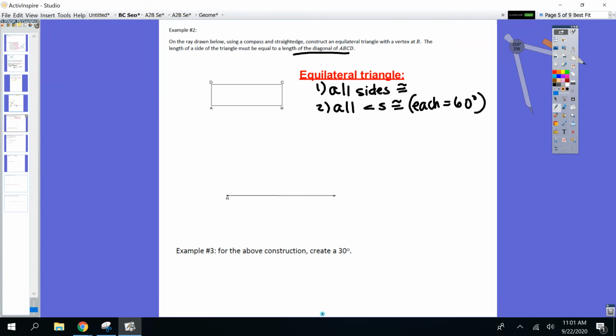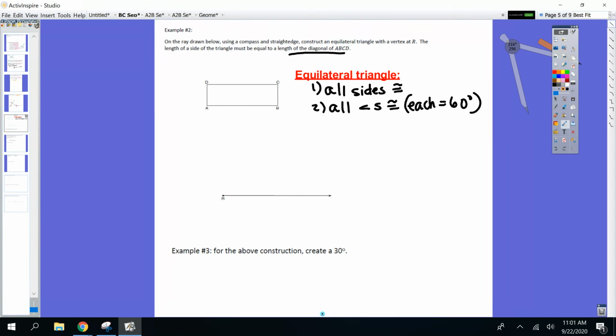You can do C and A or D and B. In a rectangle, the diagonals are equal, so it doesn't matter which one you use. So everyone right now, take your straight edge if you haven't done so already, and make a diagonal in the rectangle. There we go. So every side of my triangle has to be that length.